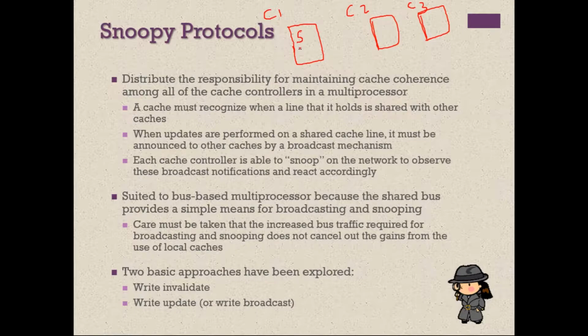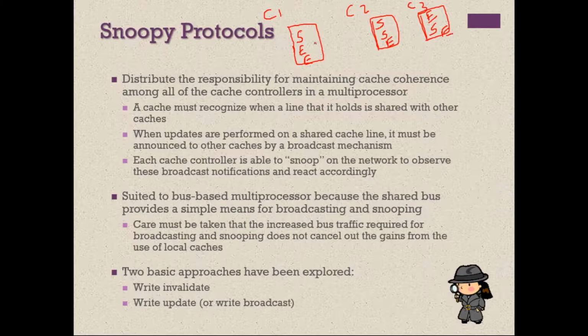The second line is not shared, which means it is exclusive. The third line is also exclusive. In cache 2, the first line is shared, the second line is also shared, the third line is not shared. In cache 3, the first line is not shared, its second line is shared, its third line is not shared, that is exclusive.